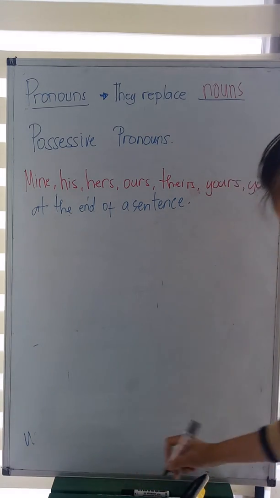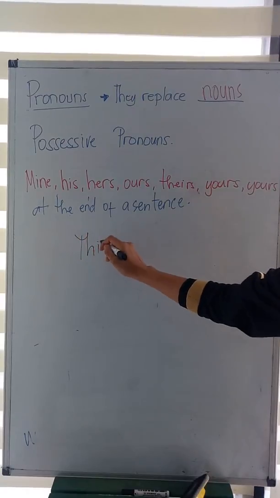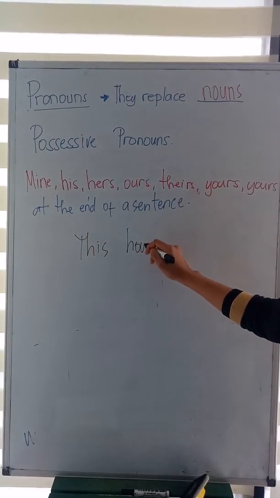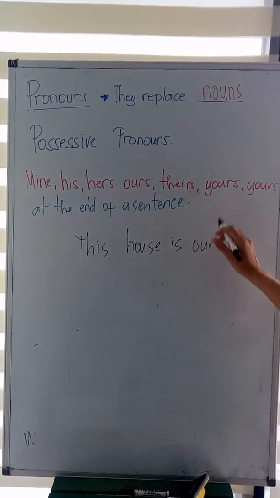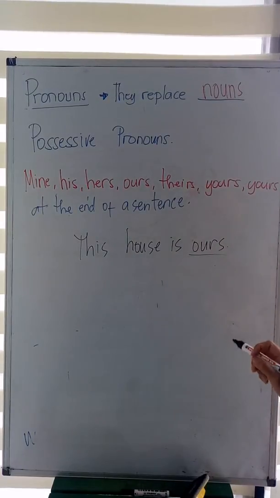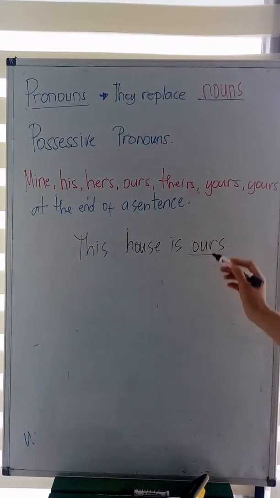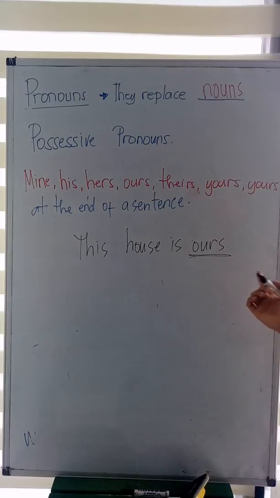Example for that is: this house is ours. Full stop. This house is ours. Ours is our possessive pronoun. It shows possession or ownership. Who owns the house? Ours. It's ours. All right, and as you can see, it's at the end of a sentence.